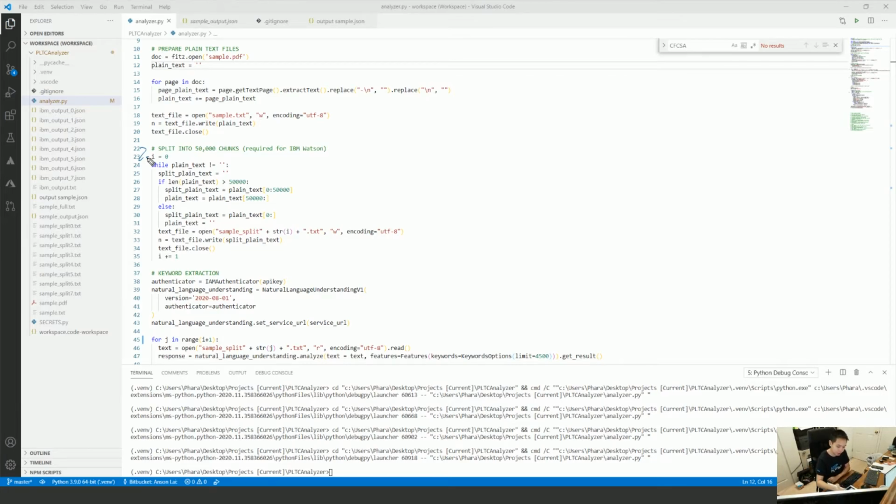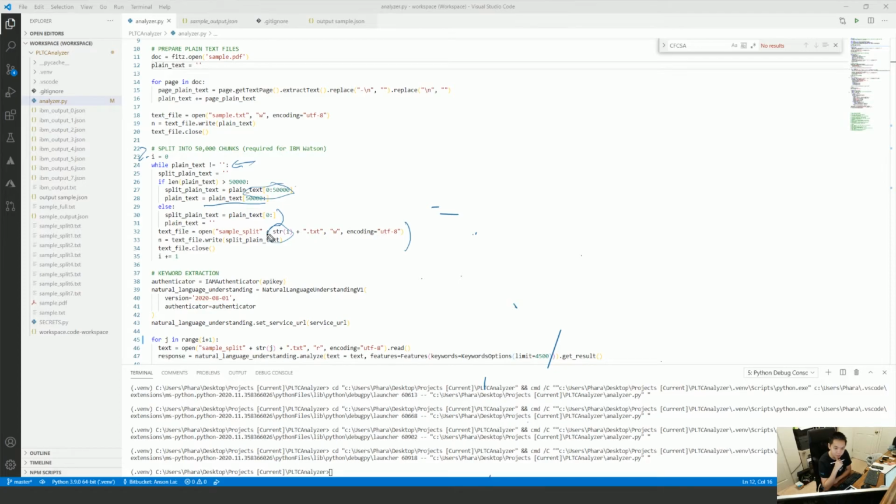So all this is we go through, we open the plain text, and then we take the first 50,000 characters, and then we erase the first 50,000 characters of plain text. Once we get to the end, we have this catch-all. Whatever's left over, we just shove it into the last file, and each time we write it into a new text file that is numbered by batch.